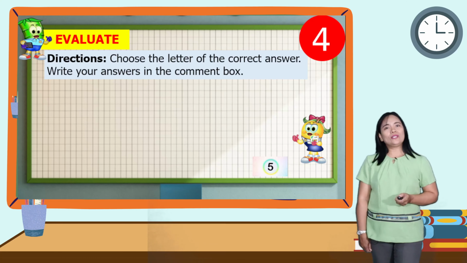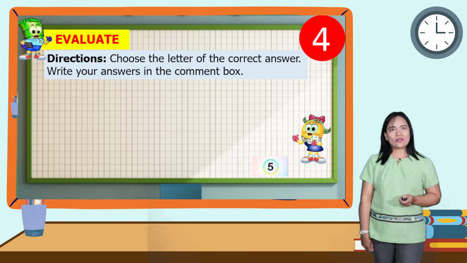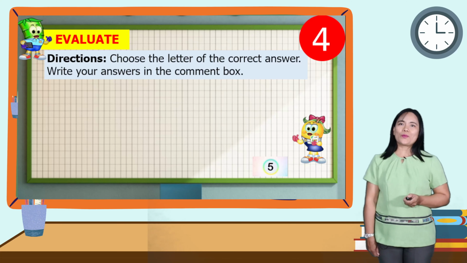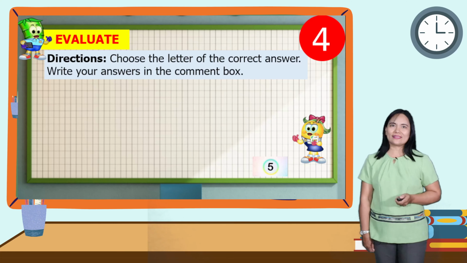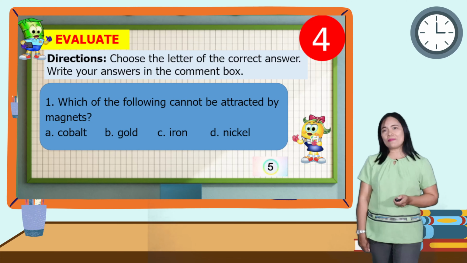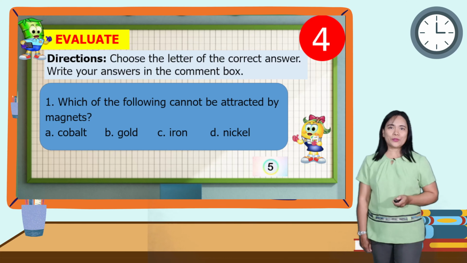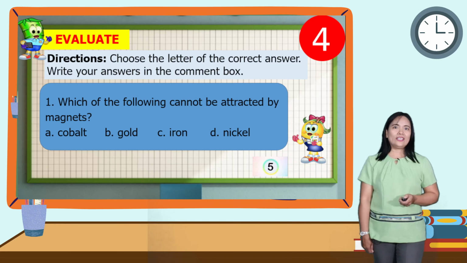Okay, now let's move on to the last part of our lesson. Choose the letter of the correct answer. Write your answers in the comment box. The first question: which of the following cannot be attracted by magnets? Is it A, cobalt, B, gold, C, iron, D, nickel?